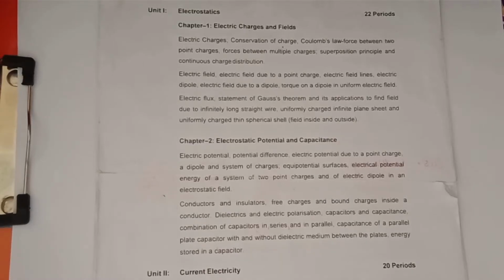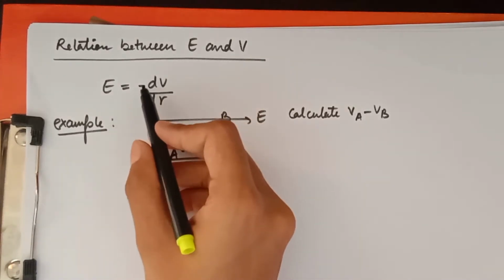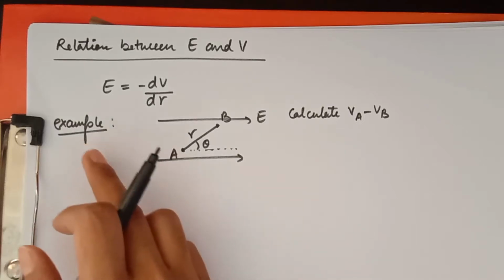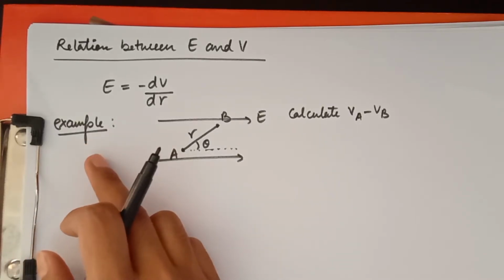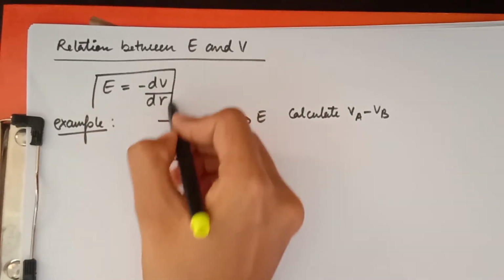That was E is equal to minus dV upon dR, or I can write V as the dot product of E and dR. This was the relation between E and V. E is equal to dV over dR with a negative sign over it, and we call it a negative gradient. So now we will solve an example of this identity.